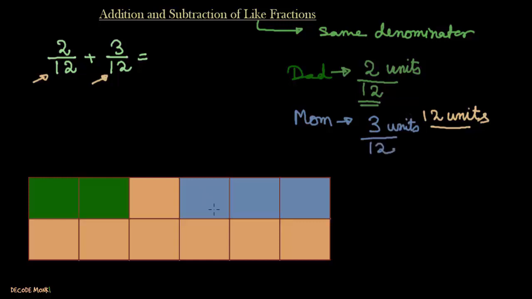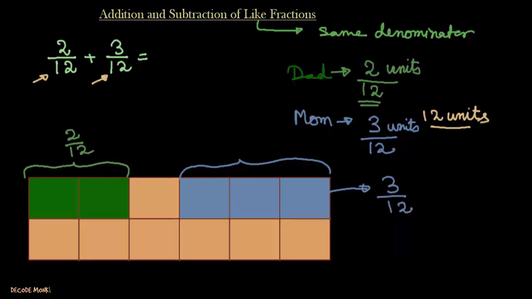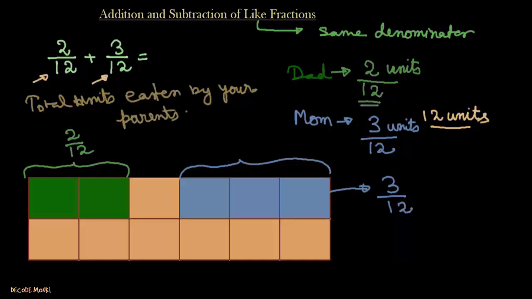You can see over here the blue portion represents 3 by 12, and this green portion represents 2 by 12. And if you are asked the total units eaten by your parents, how will you find that?